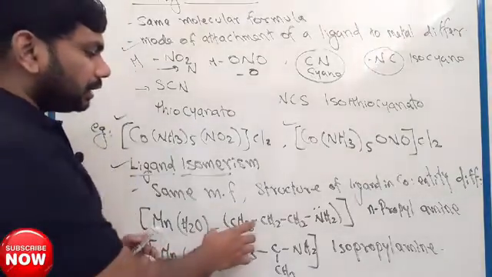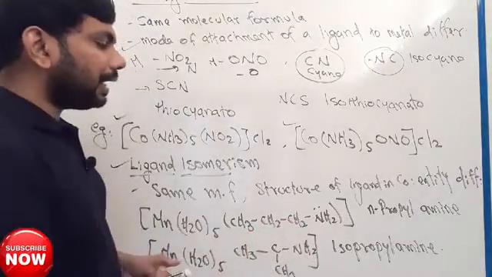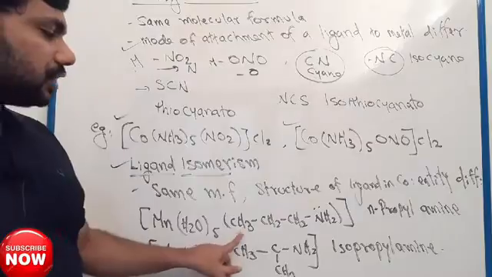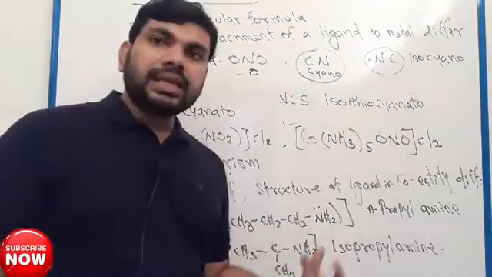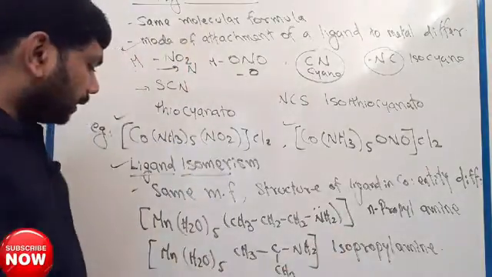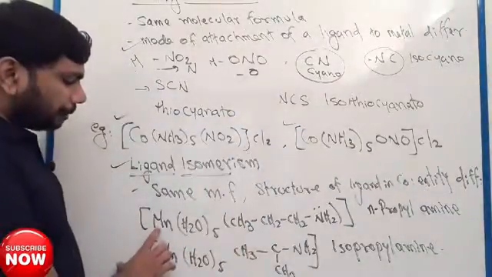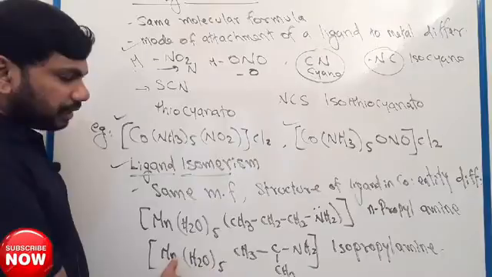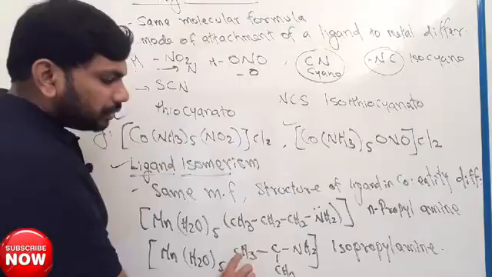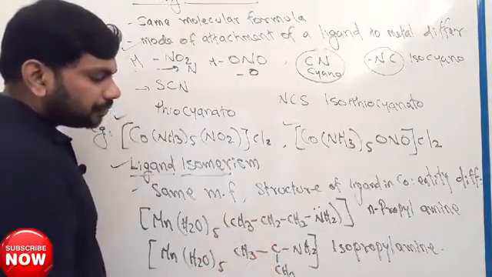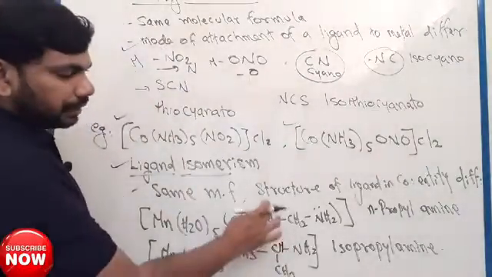Look here, CH3CH2CH2NH2. This is n-propylamine. Here this ligand is n-propylamine. These two have the same molecular formula, with the same number of carbon and hydrogen in both.